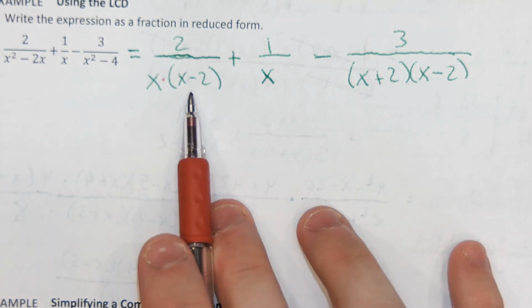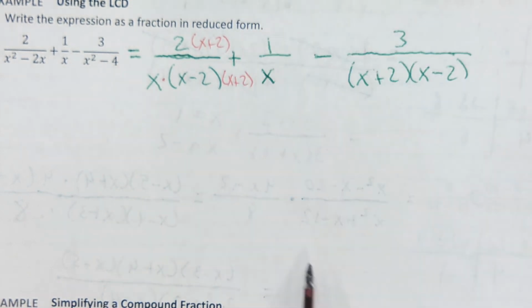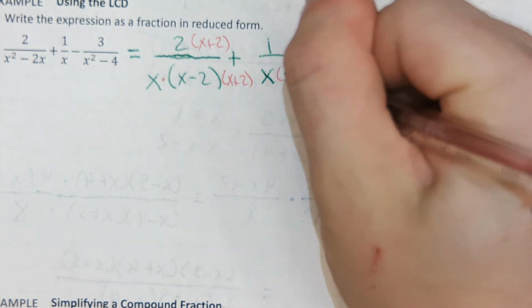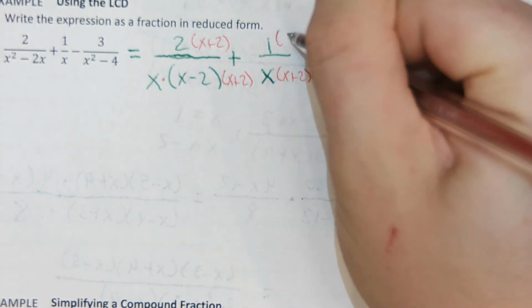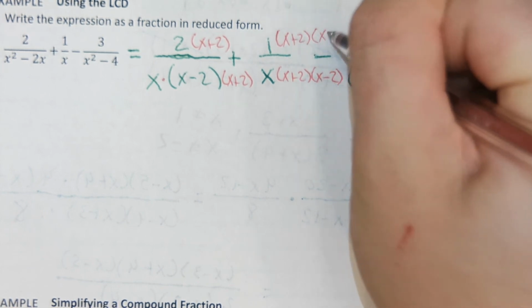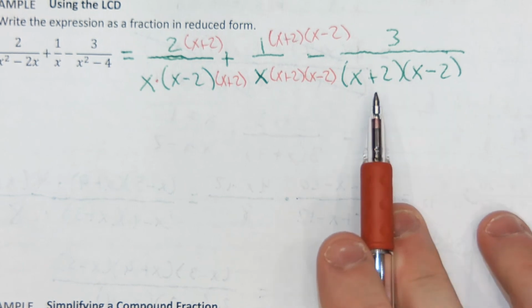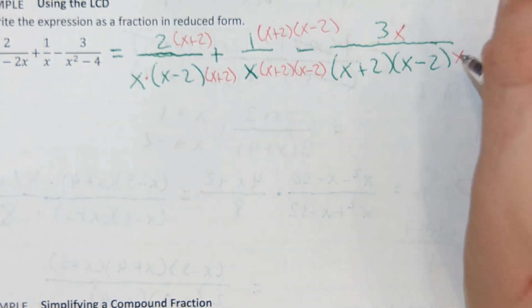That means this one just needs an x plus 2. This one needs the x plus 2 and the x minus 2. And this denominator has the x plus 2, it has the x minus 2, it doesn't have an x, so we'll just throw an x on the top and bottom.